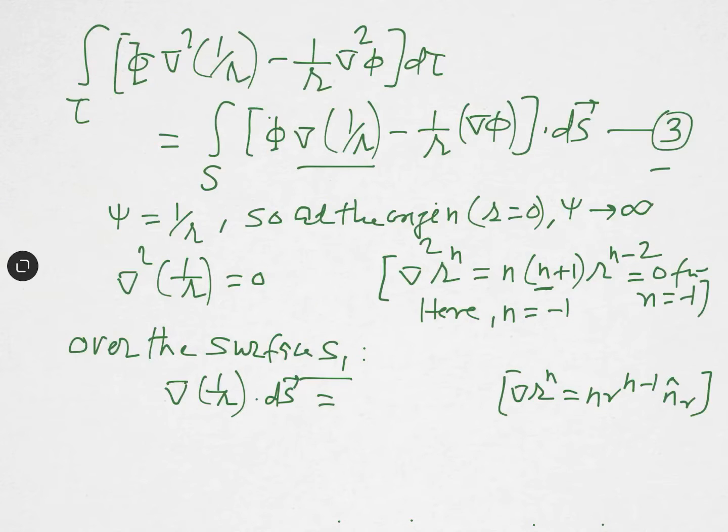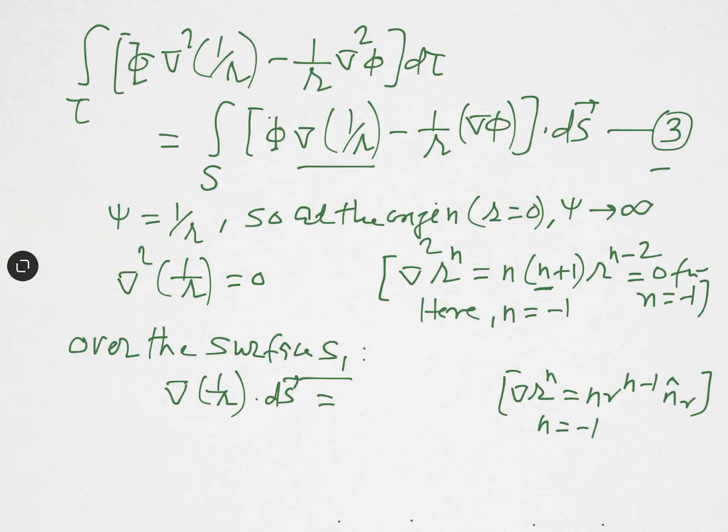Here again there is 1 over r, it means n is equal to minus 1. So when n will be minus 1, then what will be this result? This will be simply minus r to the power minus 2.